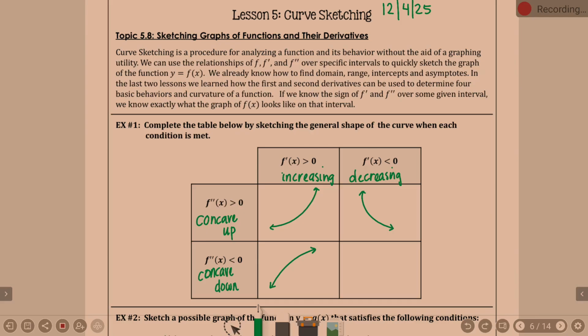That's what I did. Again, if you have a different idea, I'm willing to listen. Concave down, so curve downward again, but this time decreasing. So as you move left to right, you're going down. Something like that. So it's important to be able to, not just get increasing, decreasing, but put the concavity with it as well, which is what will come up on some of these graphs that we talked about today.